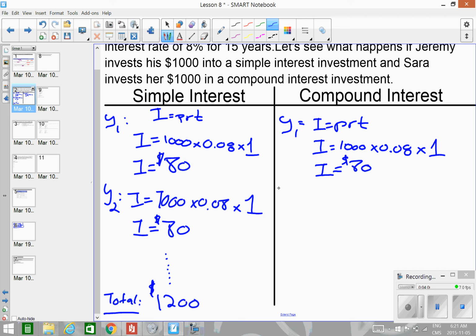Now this is where things get different in year two. In year two, we take this $80 and we add it to our principal. So now our principal is 1,000 plus 80. I'm going to put that in brackets. We times that by our interest rate, which is still 8%, and it happens for another year.